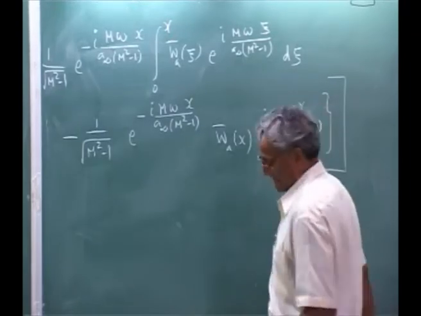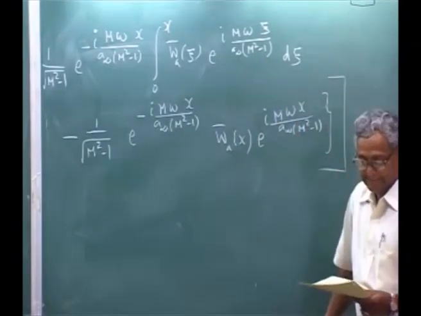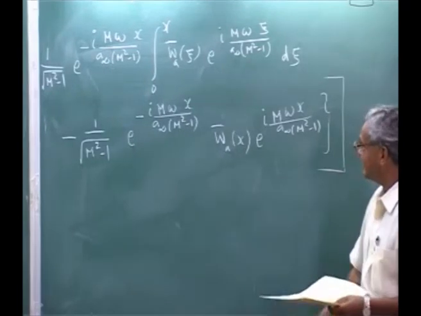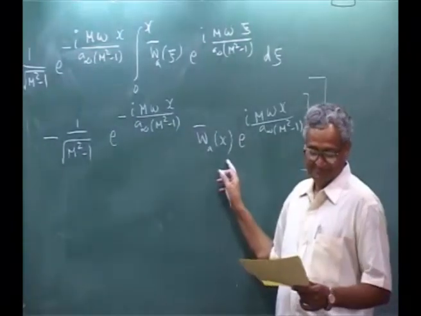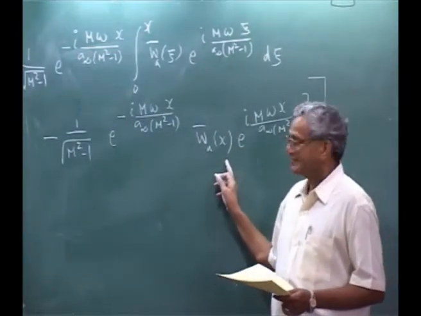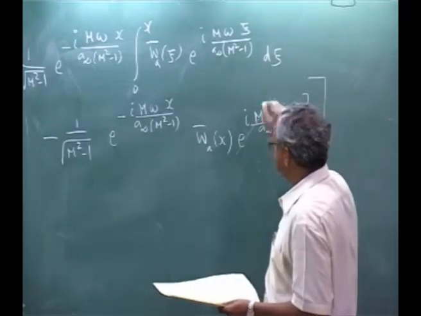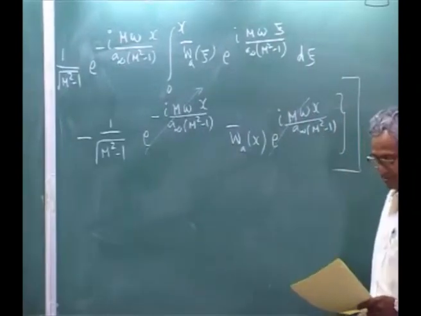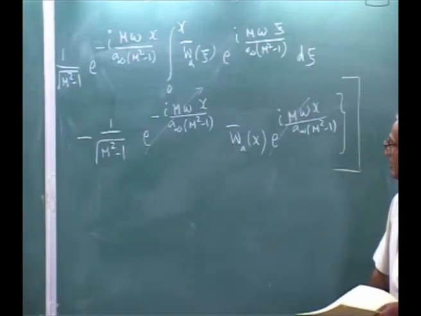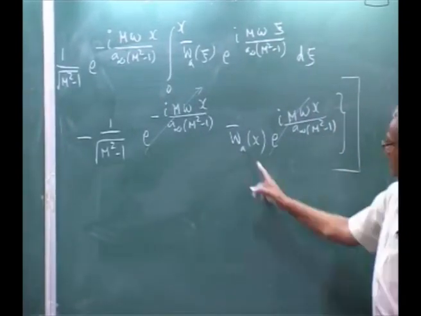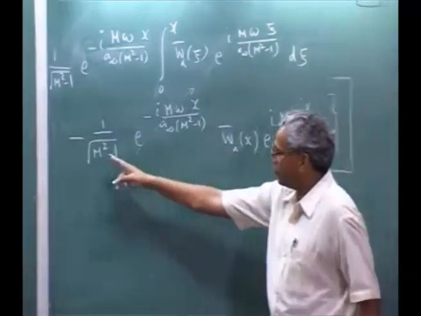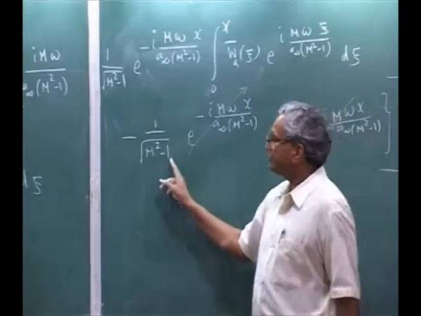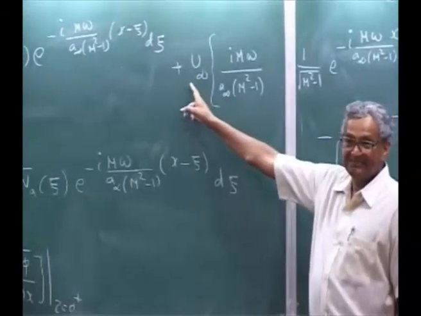Now you see this term, you will find this will cancel with this. You will have W bar A x over root of m infinity square minus 1 into u infinity.